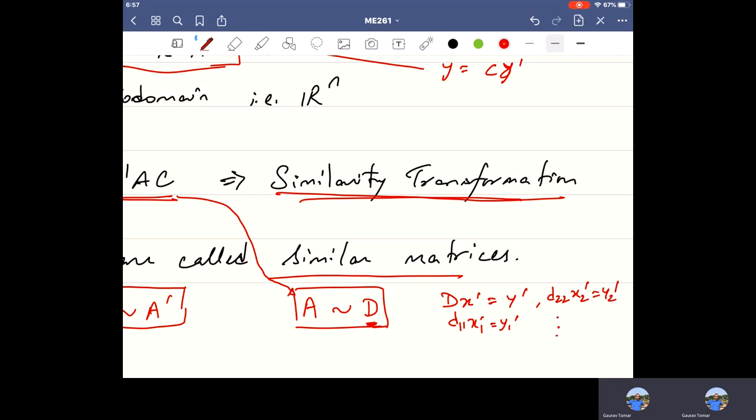So in principle you already have the solution: x1 prime is y1 prime by D11, x2 prime is y2 prime by D22. A system of equations made of diagonal matrices is readily solvable, and therefore in numerical linear algebra the goal is normally to bring A as close as you can to D.